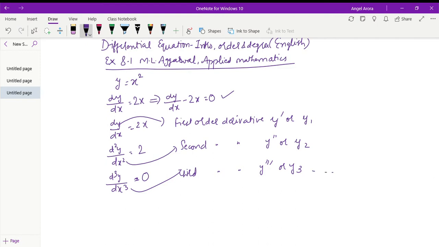We can go on. So what is the order of the differential equation? The order of a differential equation is the order of the highest order derivative in the differential equation. For example, consider this equation: d cube y upon dx cube plus dy upon dx squared plus 3x is equal to 0.